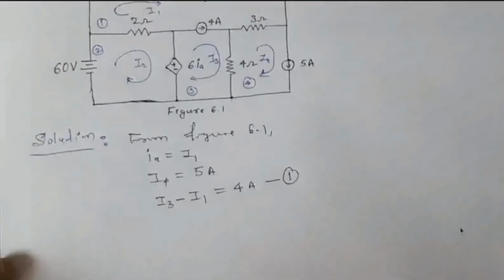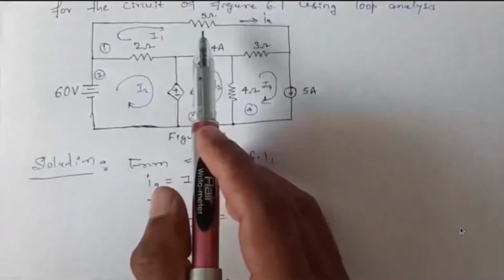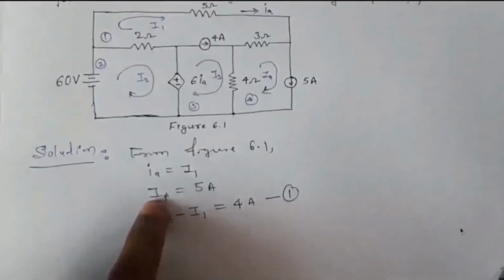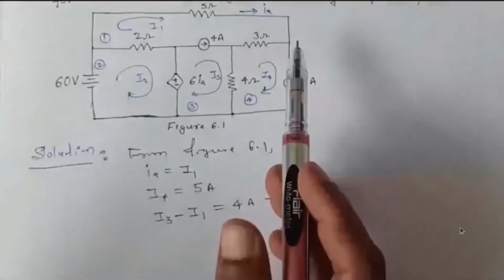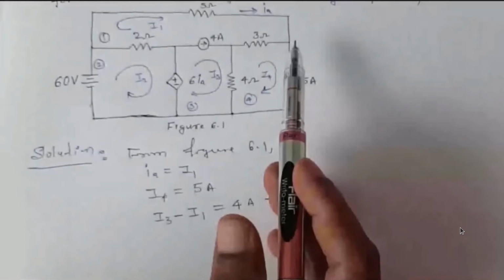And one more, dear students, what I do here: if at all I want to apply KVL, I can apply KVL to loop 2 very easily. Because one thing is we know only one current. I4 is known to us. We don't know I1, we don't know I2, we don't know I3.